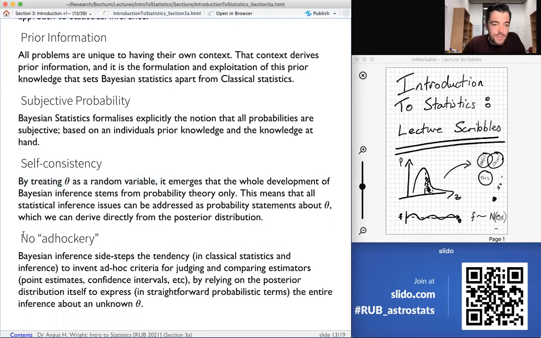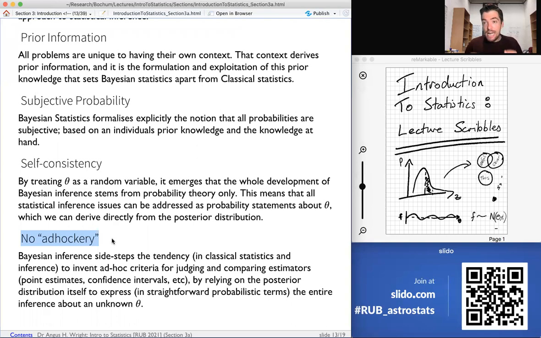The last thing is what I've listed here as no ad hocery, ad hoc being a Latin term. What that means is that Bayesian statistics, with the formulation of the prior and the posterior, sidesteps the tendency that we have in classical inference to pick the method of estimating the parameter that we like the best, or that we think is the best given what we want to get out.